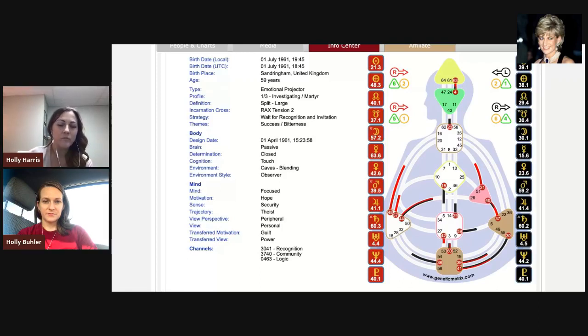She also, I think I'm getting off track here, but she also has an undefined G center, so she doesn't really have that fixed identity, and so she's going to be feeling out who she is through other people. And because she's around a royal family who literally doesn't recognize her, doesn't let her offer things, doesn't invite her in, I can imagine how torturous that must have been for her.